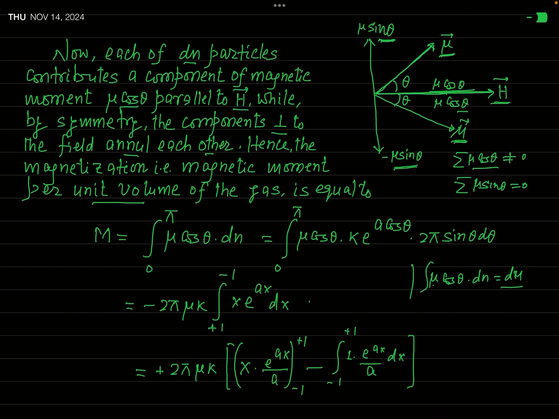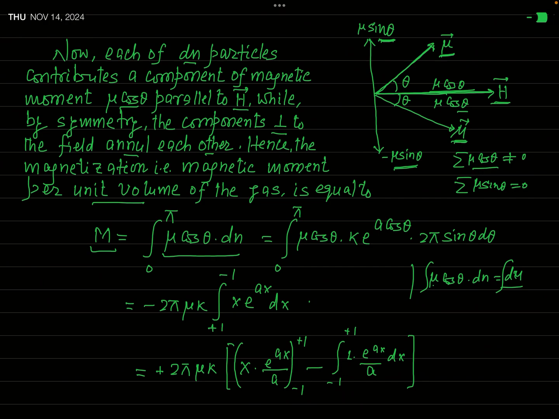Now when you integrate this, you will get the total magnetic moment of unit volume of the specimen. And you know, the total magnetic moment of unit volume is called magnetization. So magnetization M is found simply by integrating μ cos θ times dn. Again the limits for θ are 0 to π.